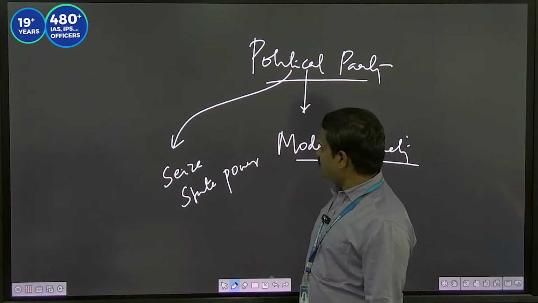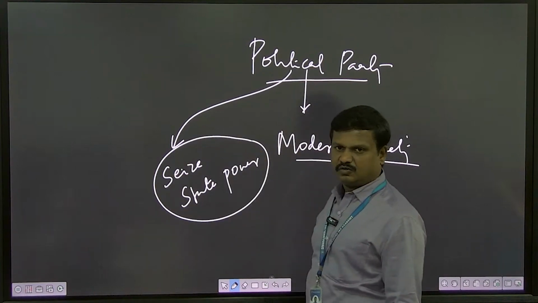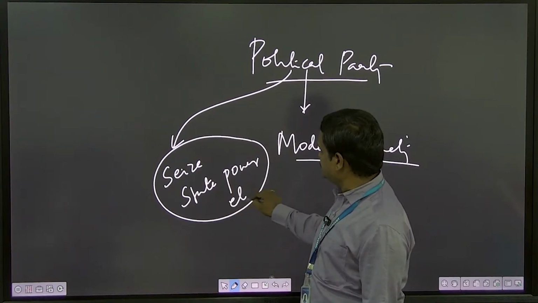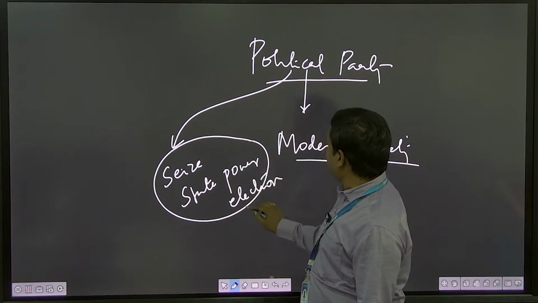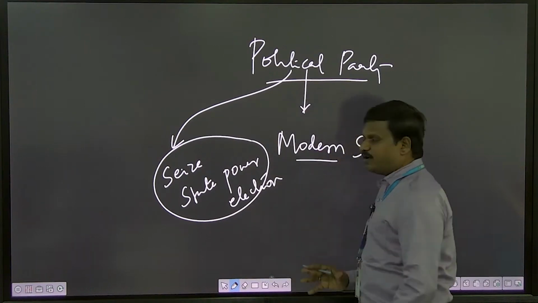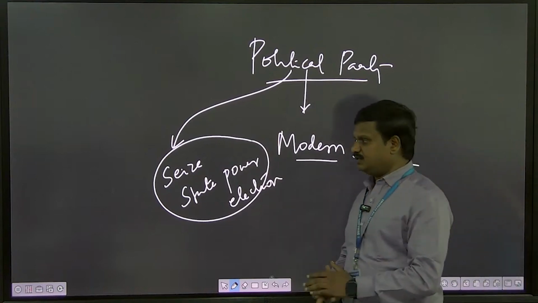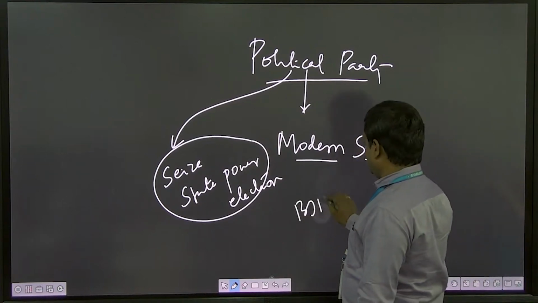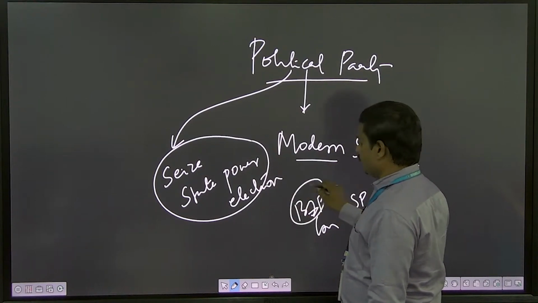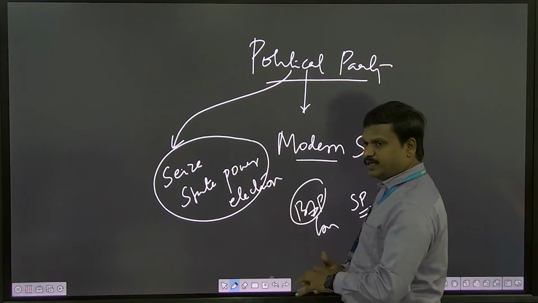So it is through a political party that you become the ruling party. You form the government. So you should seize the state power through elections, not through violence, and that is called democracy. So it refers to a group of people whose intention is to form the government by contesting in the election. For example, BJP, Congress, Samajwadi Party, they are all political parties. They are a group of people whose aim is to form the government.